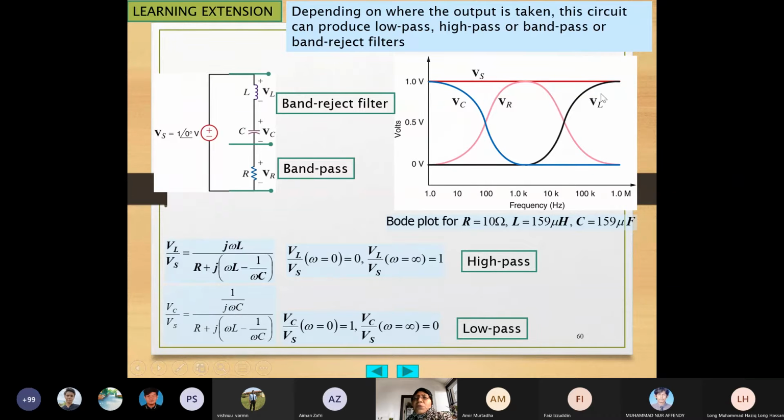And so you will see capacitor has opposite behavior compared to the inductor. So for resistor's behavior, it is the bandpass response, because when you measure the output across the resistor, you will have the band pass filter performance because it's a combination of the capacitor and the inductor.